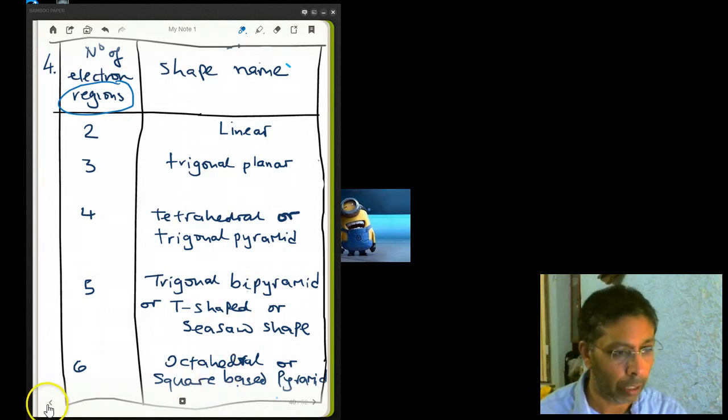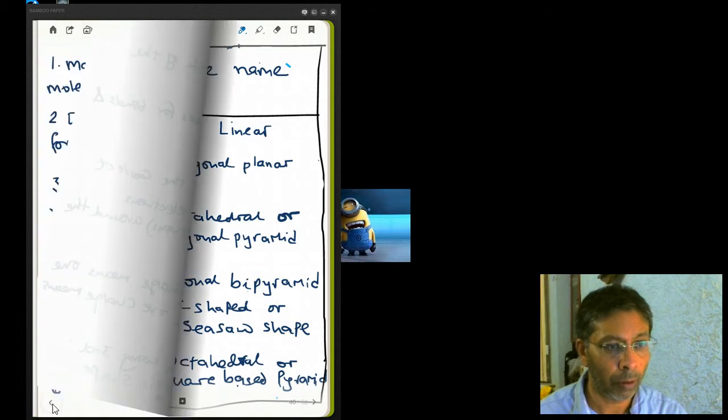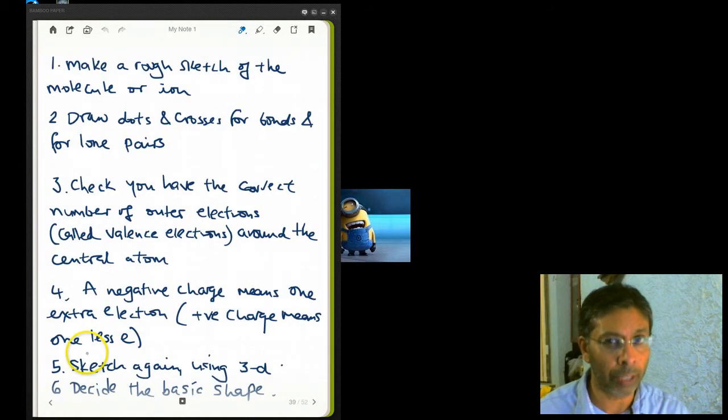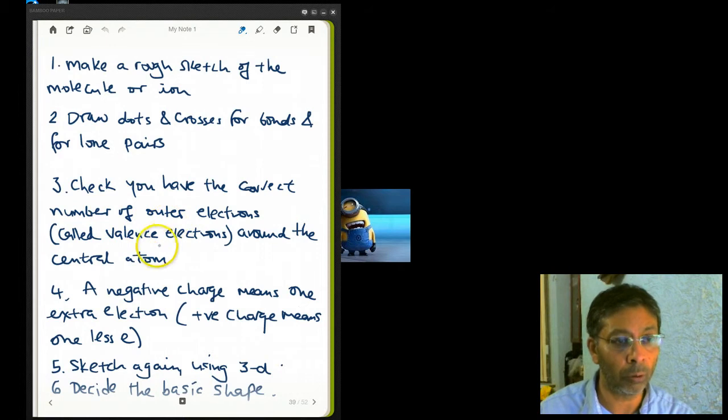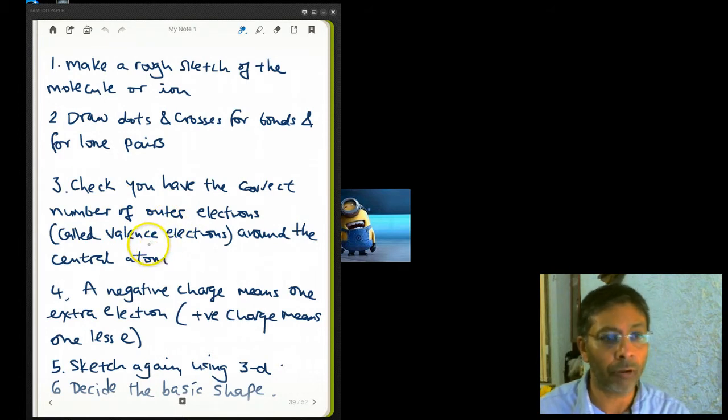Right. Now, some basic rules of what you need to do to predict the shape. First of all, make a rough sketch of the molecule or ion. Number 2, draw dots and crosses for bonds and for lone pairs. Check that you've got the correct number of outer electrons, called valence electrons, hence valence shell electron pair repulsion theory.